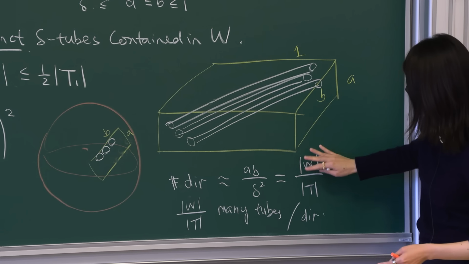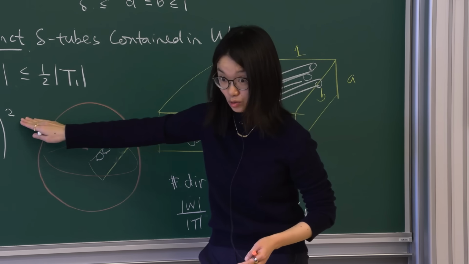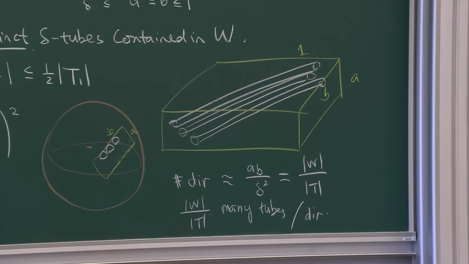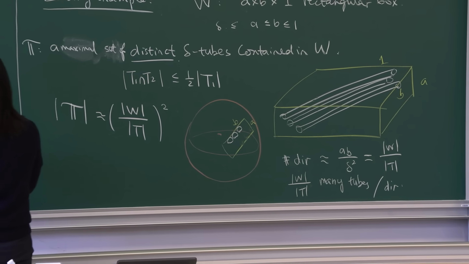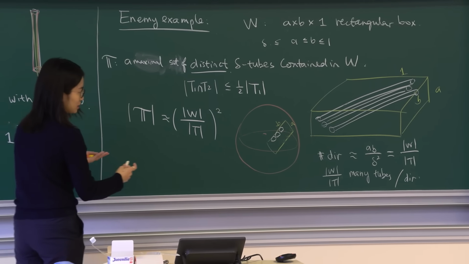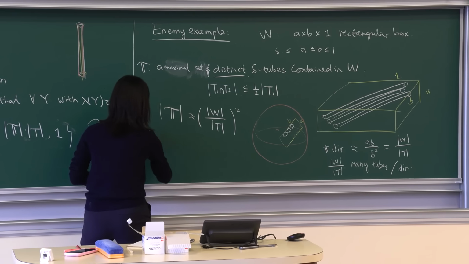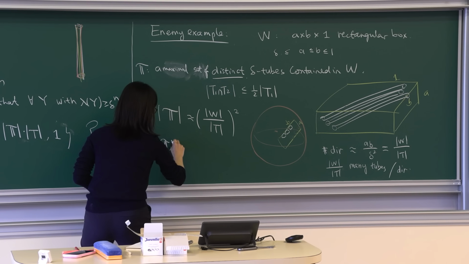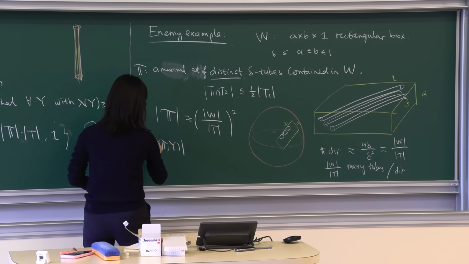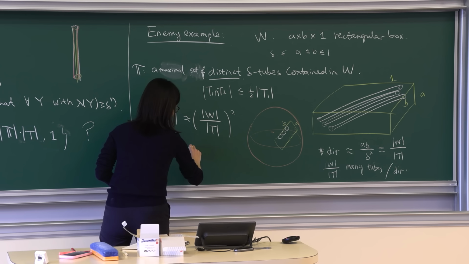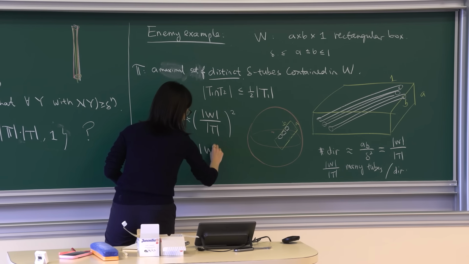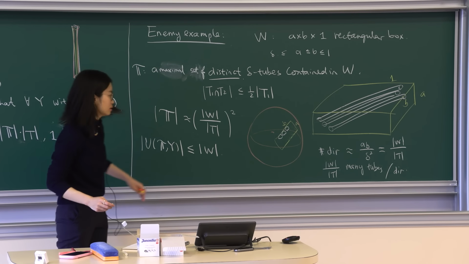So this number times this number gives the square. And then for any shading, we might as well take the shading to be the entire tube. This union is less or equal than the volume of W, because everything is contained in W.